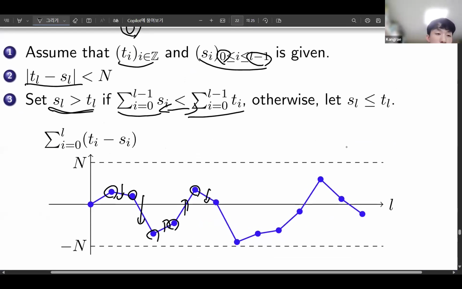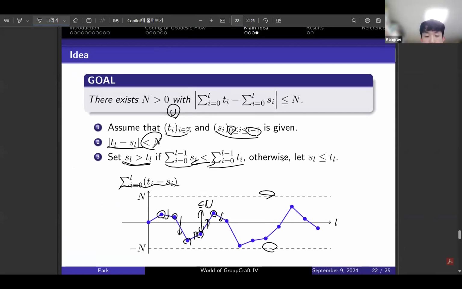And as we assumed, this TL minus SL is smaller than large N. So this difference is bounded by large N, so that every partial sum should belong between large N and negative N. Hence, the difference of the partial sums should be bounded by large N.